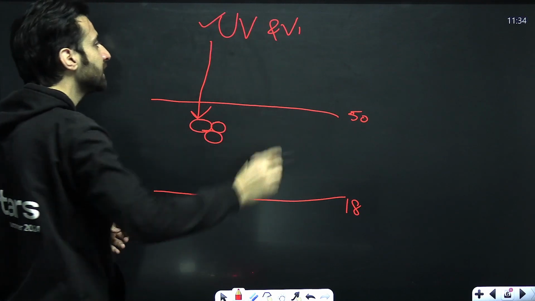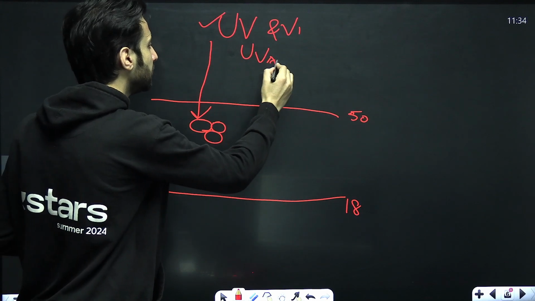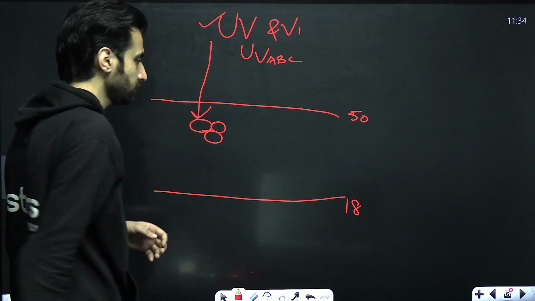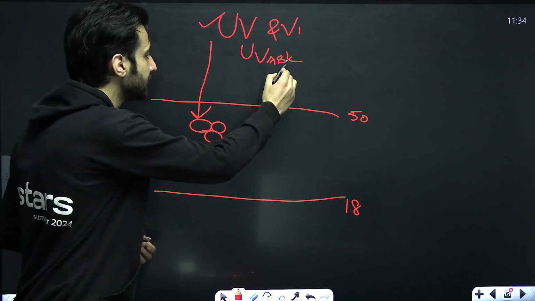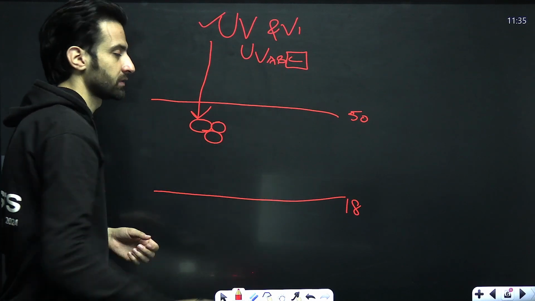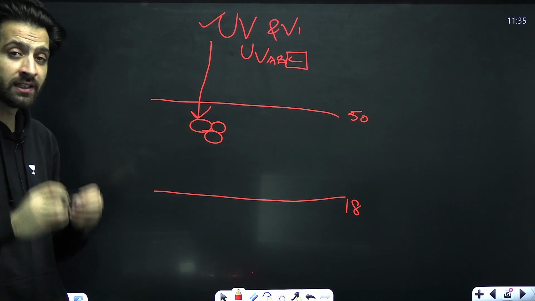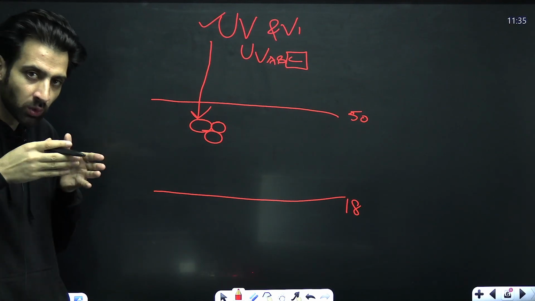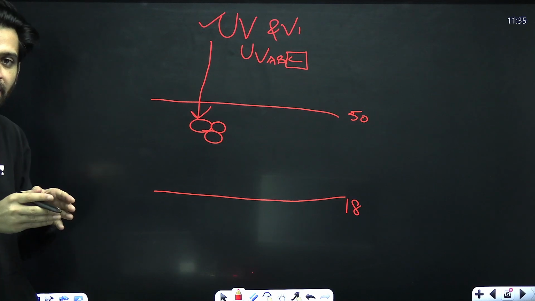But in UV, there will still be further UVA, UVB and UVC. Out of UVA, UVB and UVC, UVC is the most dangerous wave. This is the most dangerous because it has least wavelength. It has more penetrating power, that is UVC, because it is more energetic.